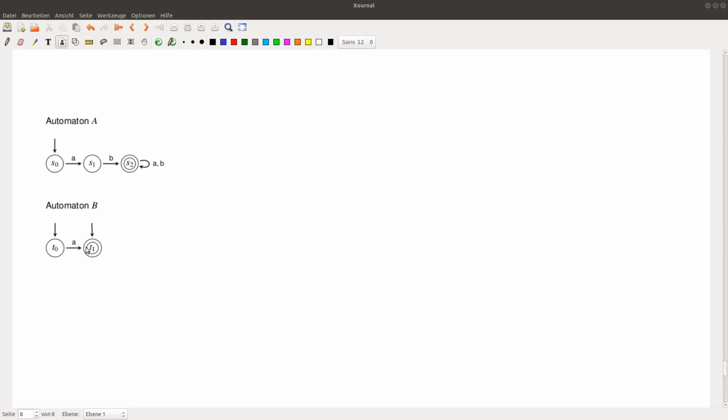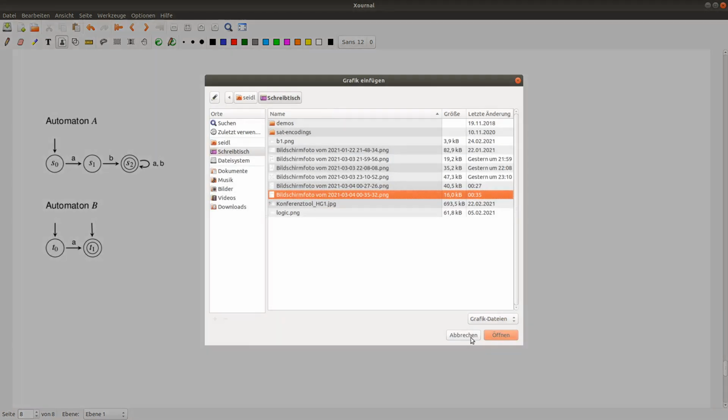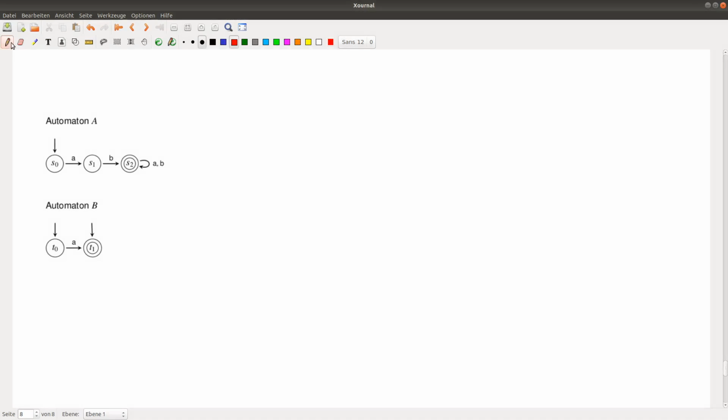Okay, and what does this mean for the product automaton? Since we now have two initial states in automaton B, we also have two initial states in the product automaton. The first initial state we have is S0 T0, and the second initial state we have is S0 T1.